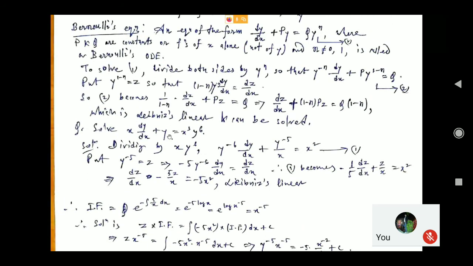See carefully the method of solution for this. Why we have multiplied by x into y to the power 6?